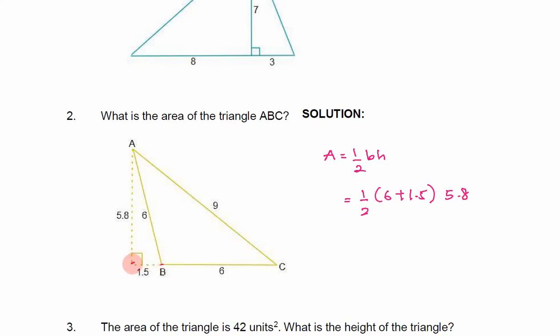So you must include this as the base, because the base should be at 90 degrees. So since we already have the height, actually we can get this. If it is not given, you also can find it using the Pythagoras theorem. So the answer is 17.4.